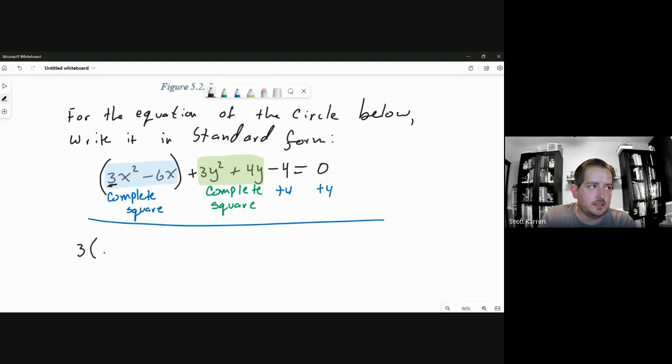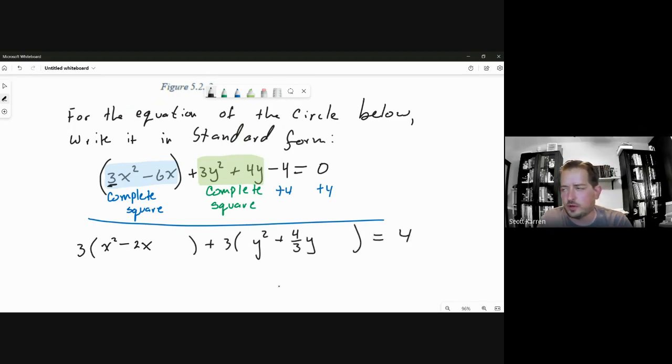So I've got a 3 times my x squared minus 2x. I'm going to leave myself some space. Plus, I'll do the same thing for my y, 3. I've got y squared plus, this one's not pleasant. That becomes 4/3. That's going to be an issue. And then I've shoved my 4 off to the other side, right?